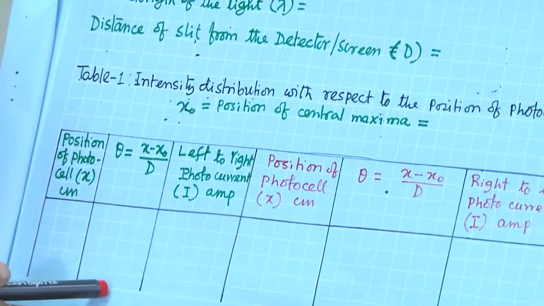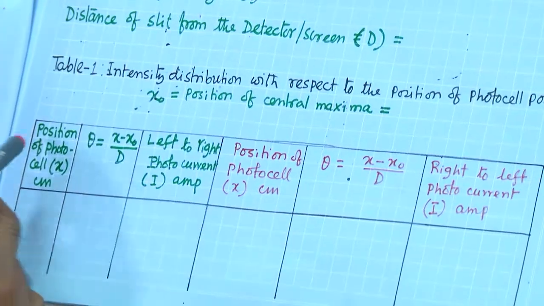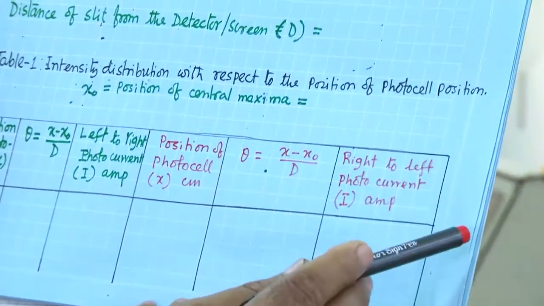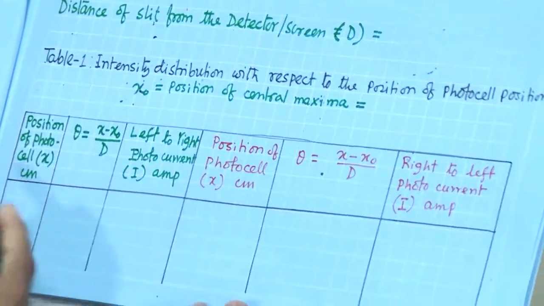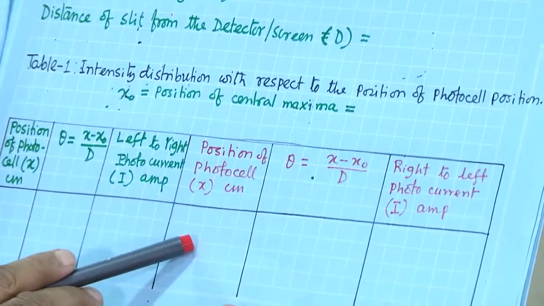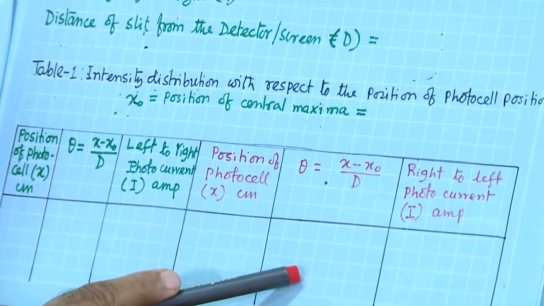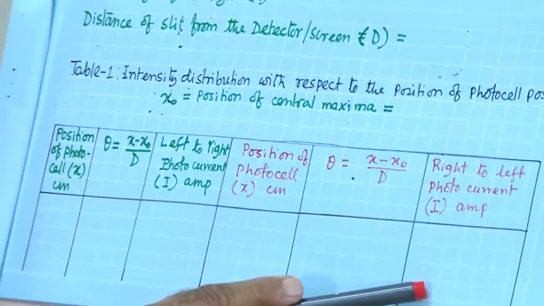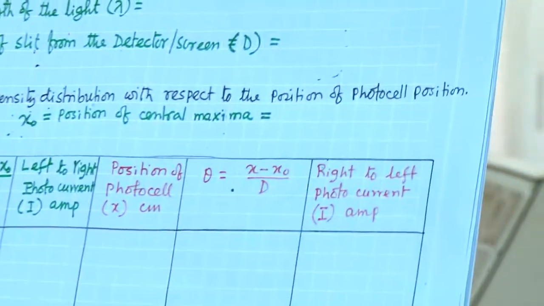at different angles. Similarly, when we go from left to right we will note down, and again when we move from right to left we will note down the x position, the corresponding theta, and then the corresponding intensity. So, basically we will get two sets of data.